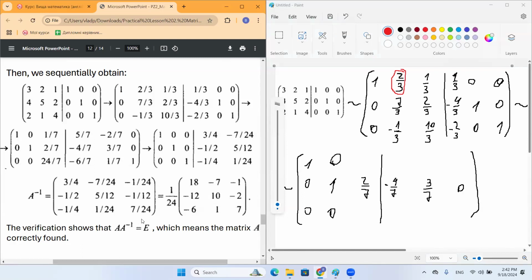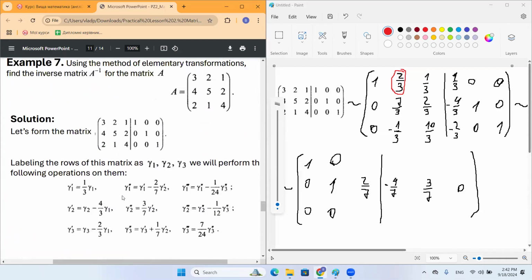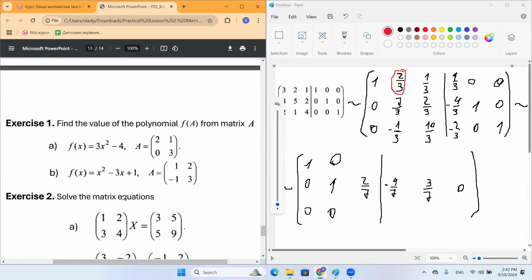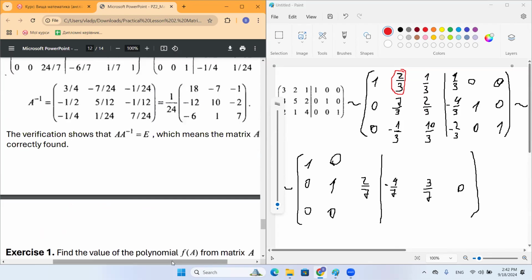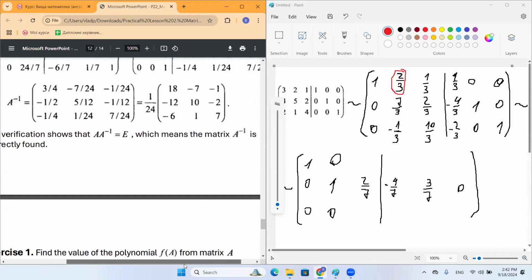And then we finish it at home. You will have to verify it, so either multiply the initial matrix by the inverse from the left or from the right. It will be the identity matrix as the result.